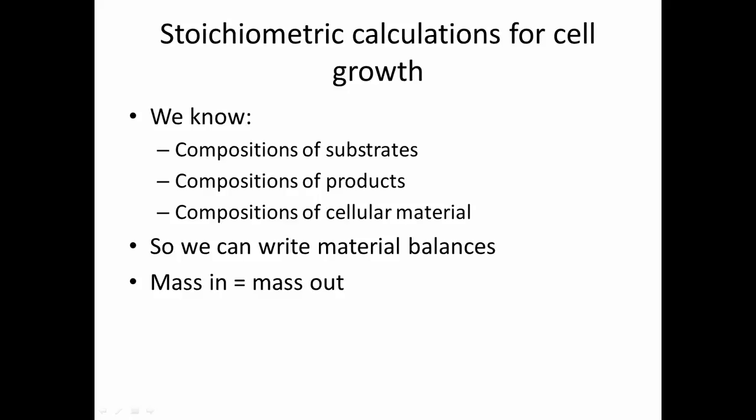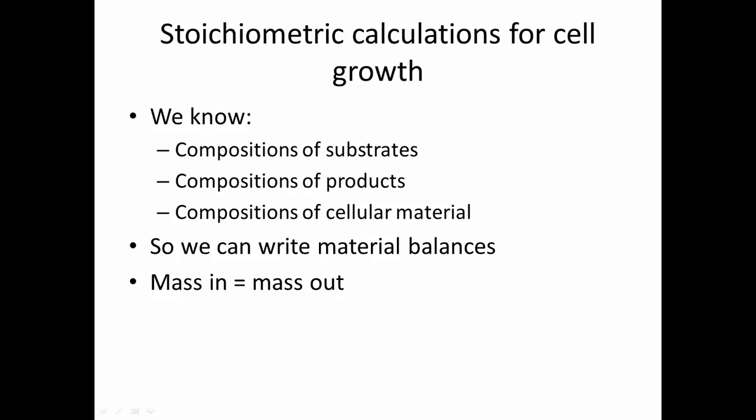Well, we know how many carbons, hydrogens, and oxygens are present in glucose, and we typically know the composition of our products, the main ones being carbon dioxide, water, as well as whatever our main value-added product is. So for Saccharomyces cerevisiae, when we're thinking about ethanol, then we know the chemical formula for that for sure.